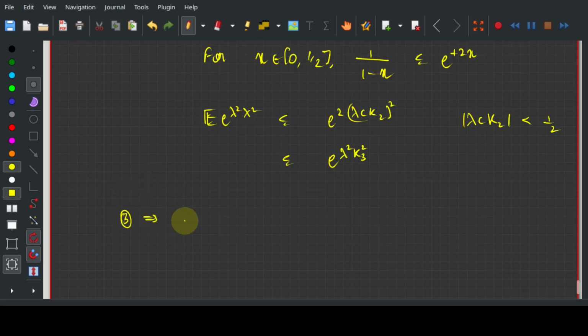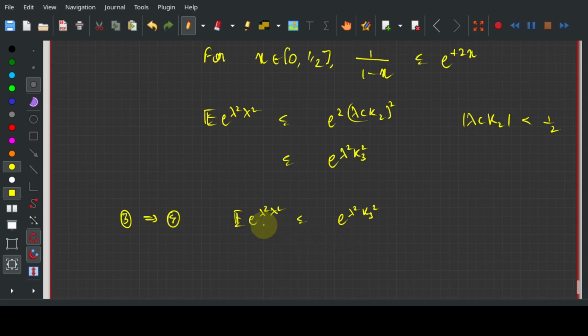Now 3 to 4 is straightforward, because if this is less than or equal to this, then obviously this is less than or equal to 2 for some constant k3, right? So suppose that expectation e to the lambda square x square is less than or equal to e to the lambda square k3 square, I can choose a lambda such that this is less than 2.